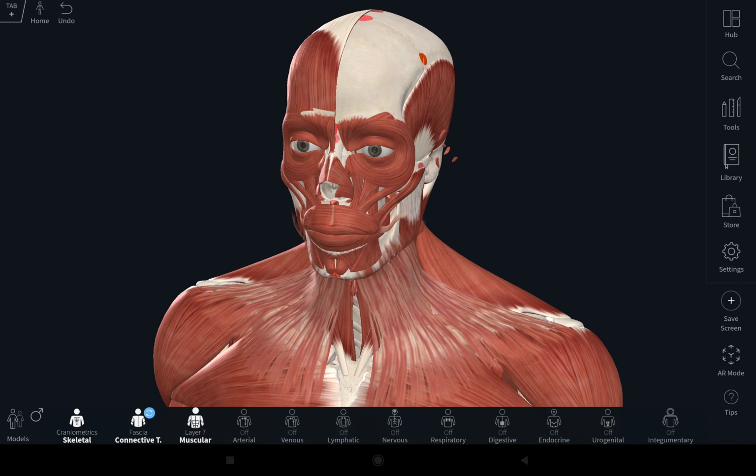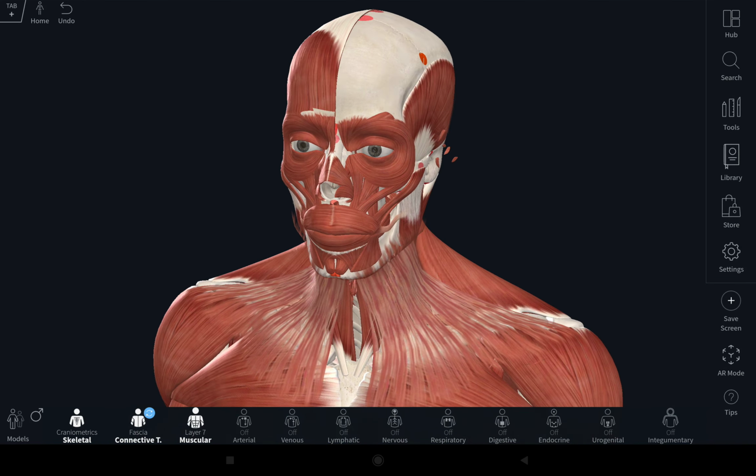Another part of orbicularis oris muscle is the labial part. This is the labial part of orbicularis oris muscle.